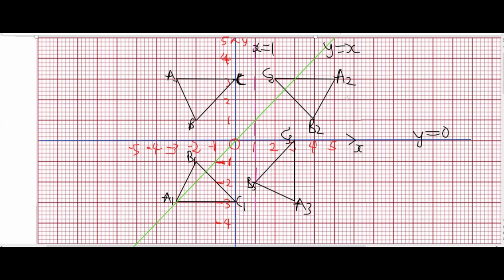You can see now if you fold this paper along this green line, B3 and B will match each other, they will coincide. Then C3 will match C, and A3 and A will come together. So this is the reflection aspect of our transformation class.